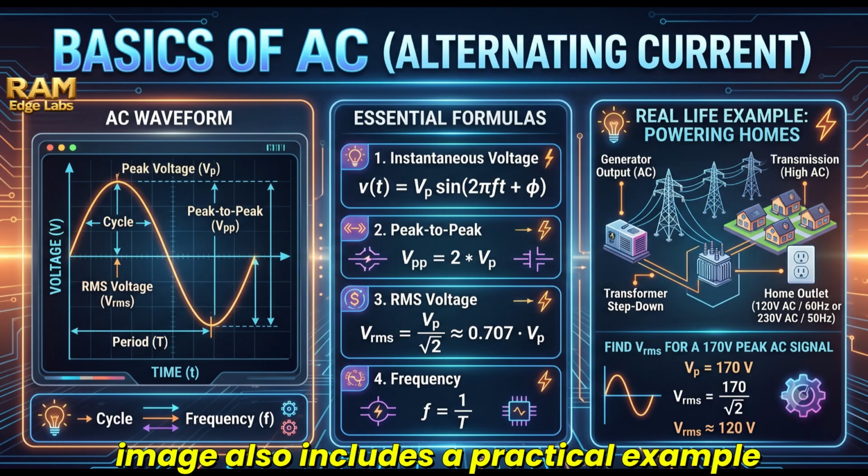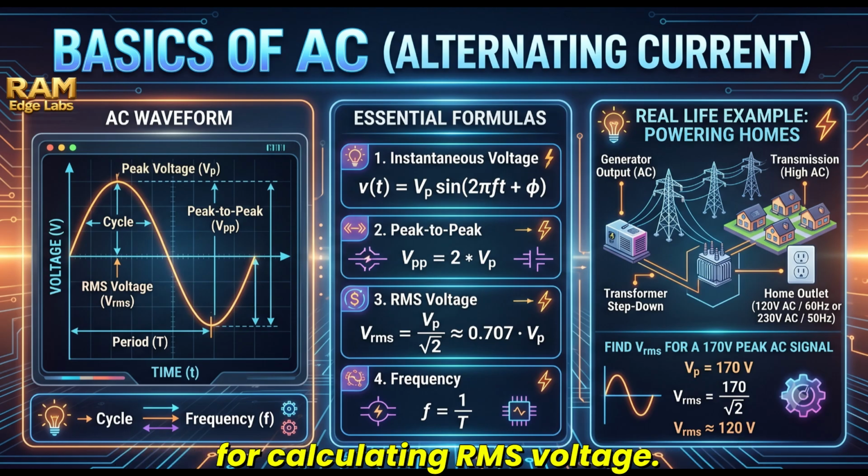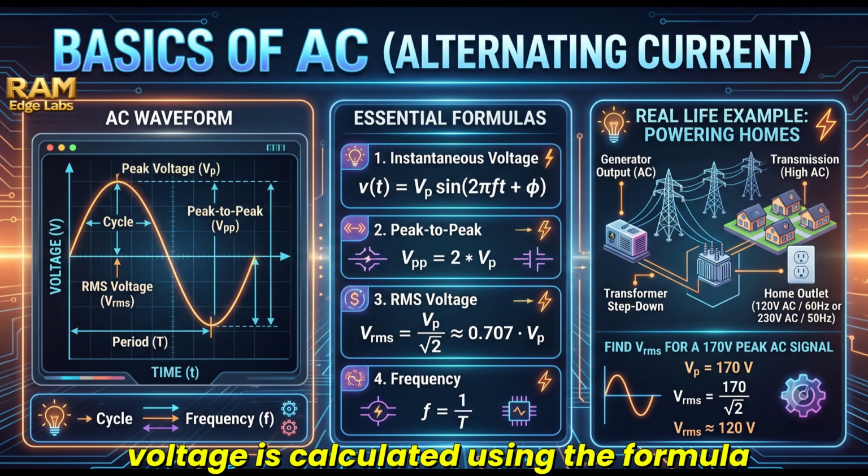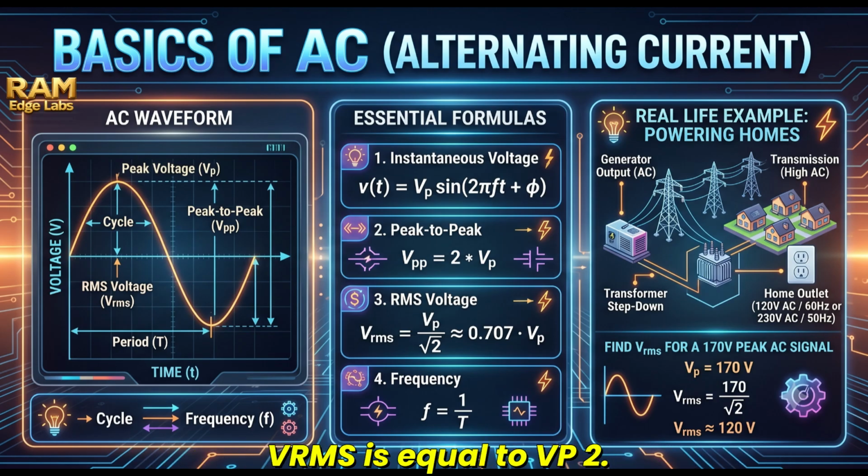The image also includes a practical example for calculating RMS voltage. If an AC waveform has a peak voltage, Vp, of 170 volts, the RMS voltage is calculated using the formula Vrms = Vp/√2. Therefore, Vrms = 170/√2 ≈ 120 volts.